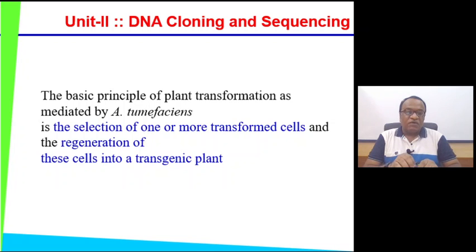And some compounds, for example phenolic compounds such as acetosyringone, hydroxyacetosyringone, and others, are added to the co-culture medium to facilitate the initial steps of transformation and to enhance the recognition, contact, and finally the transfer of the T-DNA.